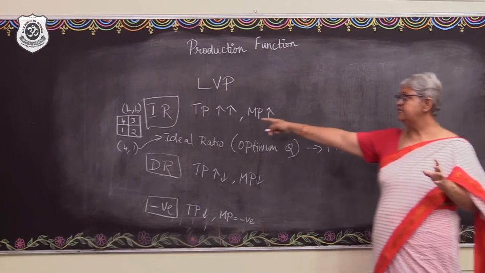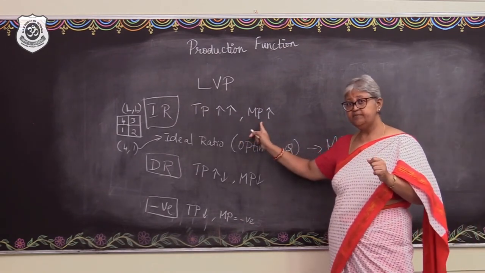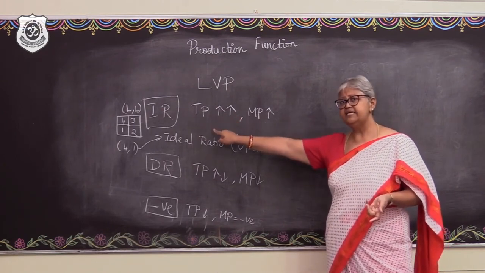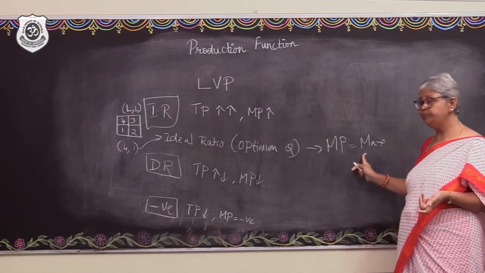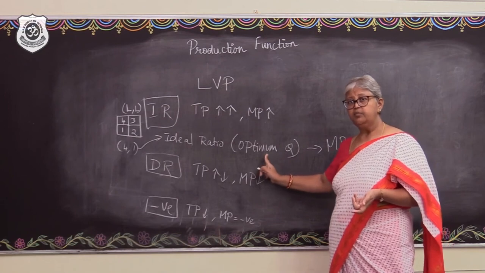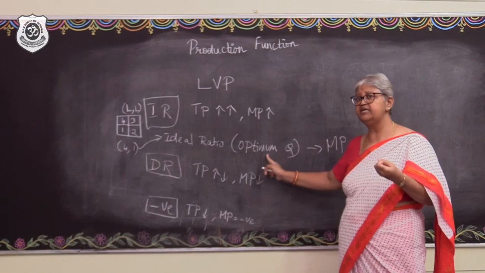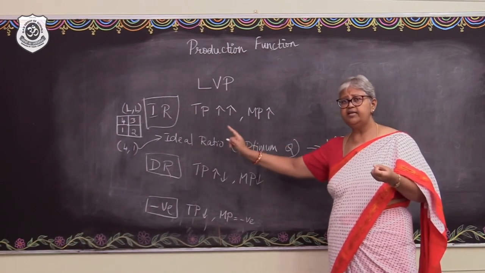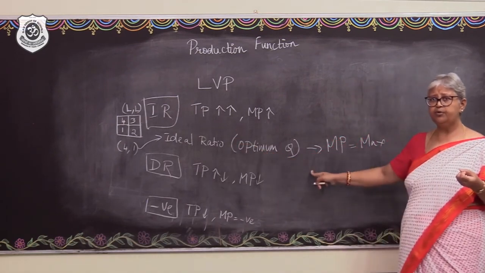Look at this. In the first phase, MP is increasing, indicating that the TP is increasing at an increasing rate. It reaches its maximum, and that is the optimum output without straining the fixed factors. By completely utilizing the fixed factors, the ideal ratio of the variable and the fixed inputs results in this particular output.